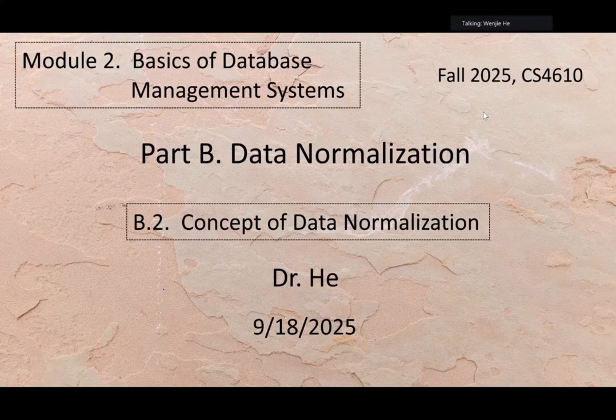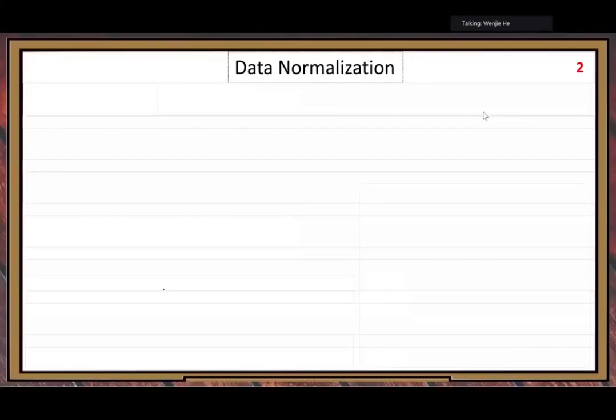That step we call data normalization. Remove the redundancy, normalize the data. That's the process to remove those redundancies.